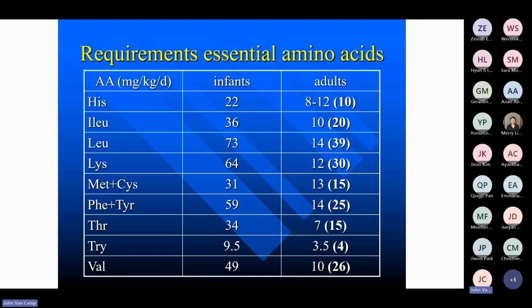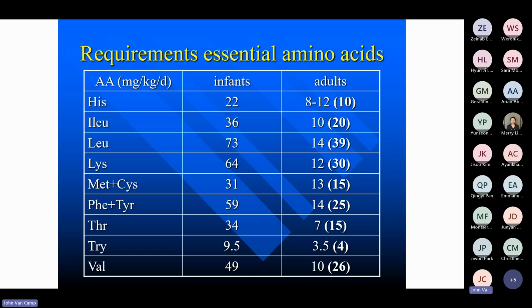If you start measuring that, you could look at adults. So you could look at the values outside the brackets. This is the value for the nitrogen balance, the classical traditional technique, and the values between brackets for the different amino acids are done with the stable isotope measurements.